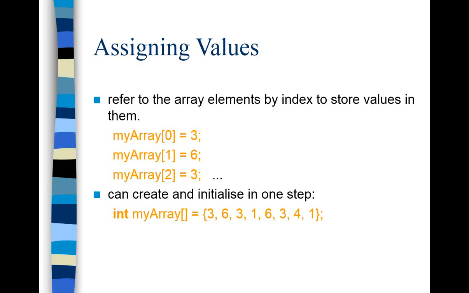If you have created an array of size 100 and you assigned only 0, 1, 2, 3, the first 3 values will have values 3, 6, 3 and the other 97 values will be empty.